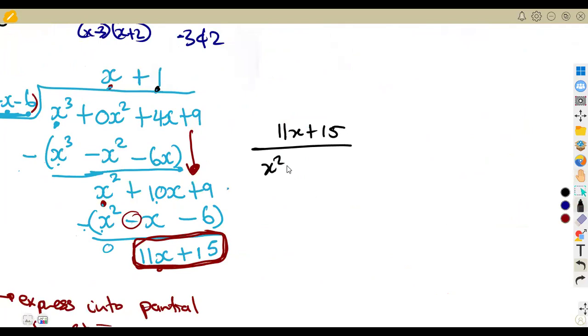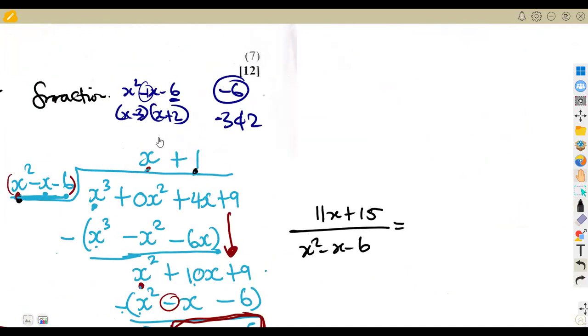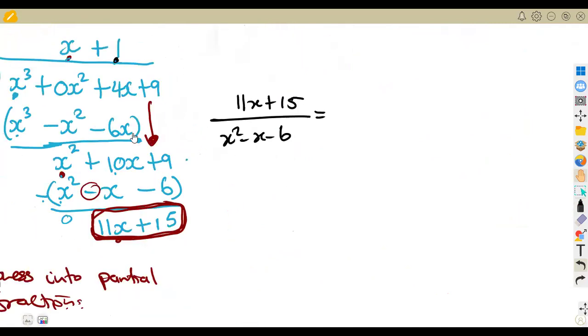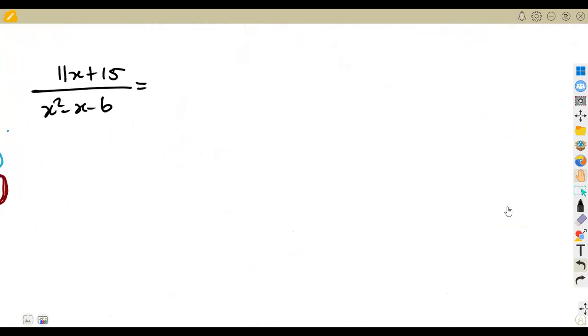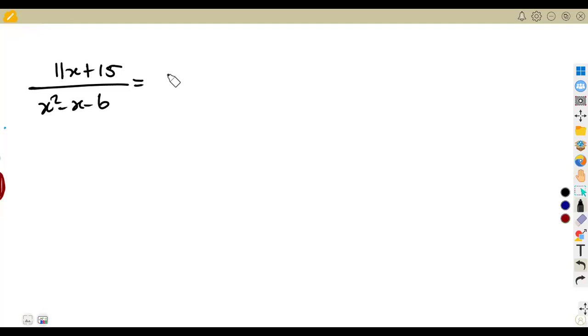Remember, after factorizing, we got two brackets, x minus 3 and x plus 2. So this is the same as 11x plus 15 over x minus 3 times x plus 2. All right, so into partial fractions, what are you going to have?